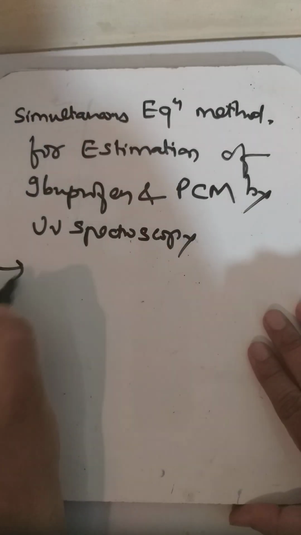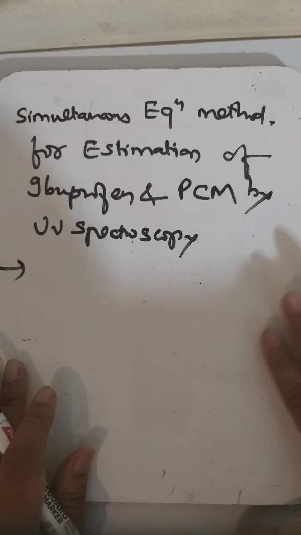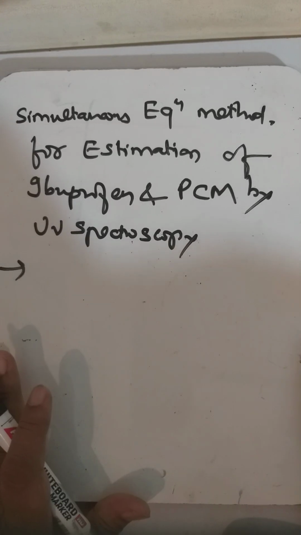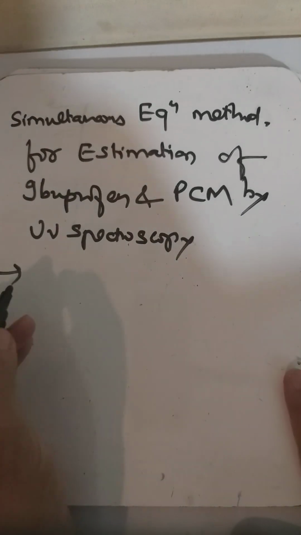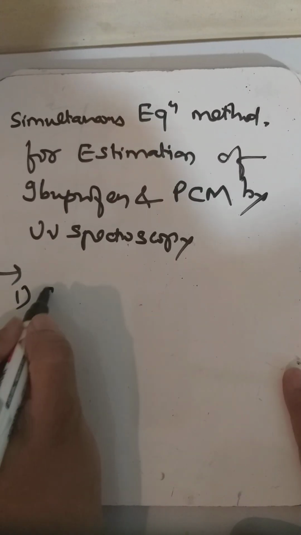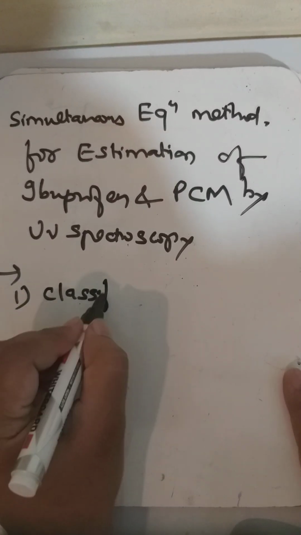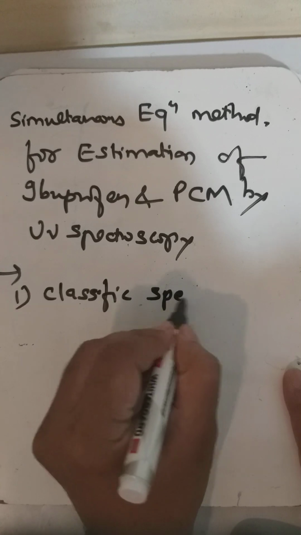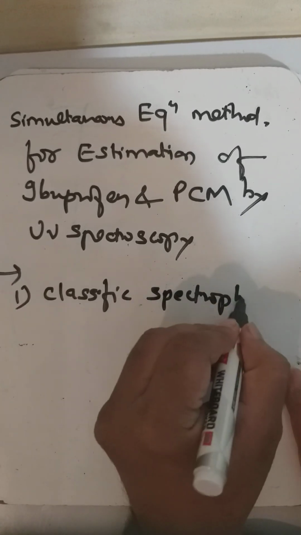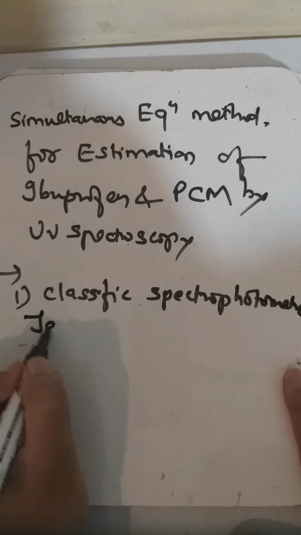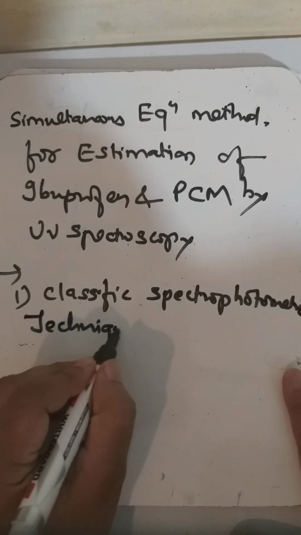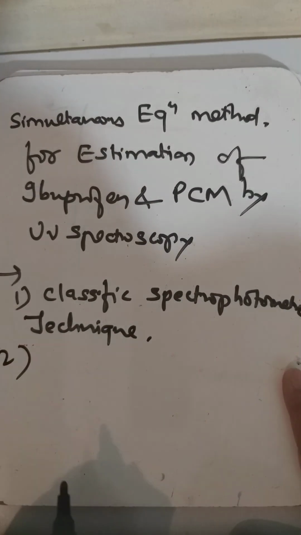So now before moving toward the simultaneous equation method, let's have an idea about it. So what is the simultaneous equation method? It is a classical spectrophotometric technique. What is its use?